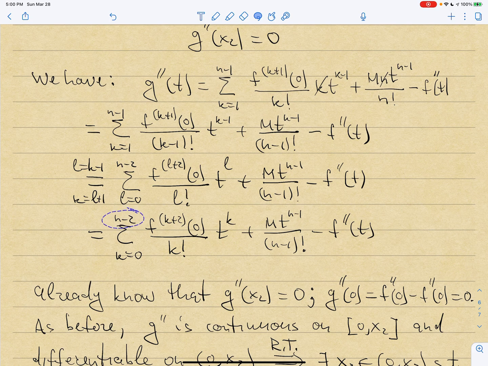And each time I have taken a derivative, I have to increment the derivative number by 1. So for the first derivative I had k plus 1, for the second derivative I have k plus 2.